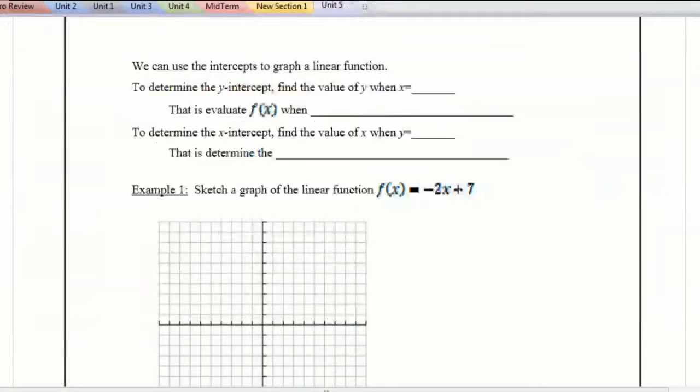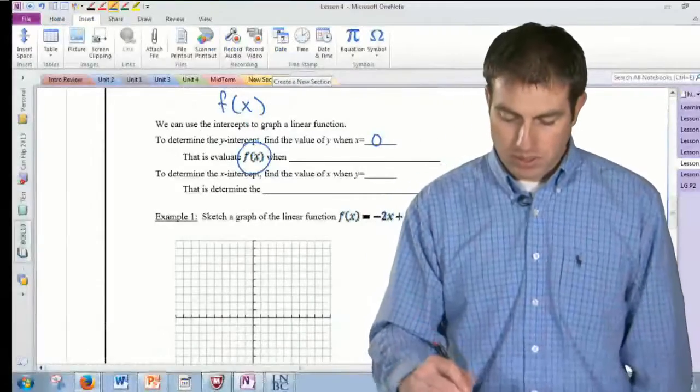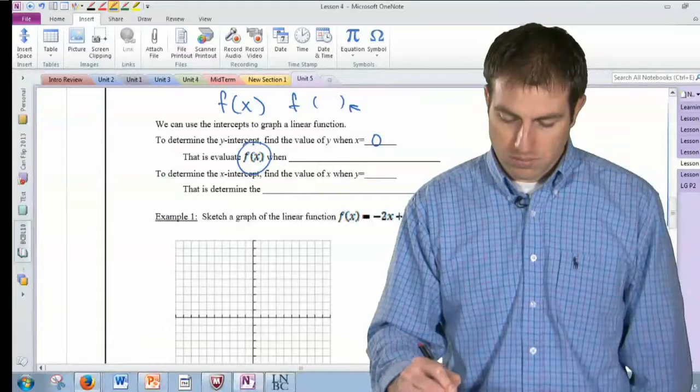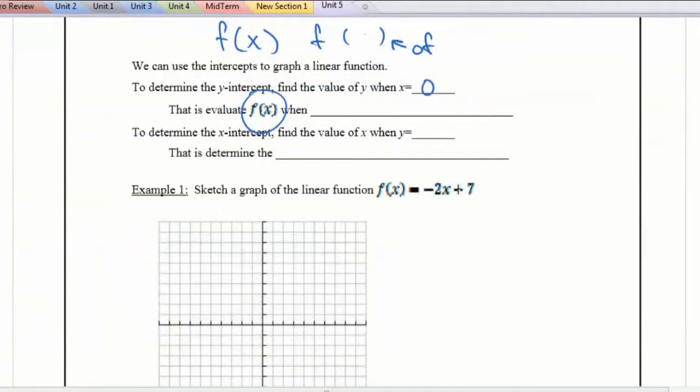So to determine the y-intercept, find the value of y when x is equal to 0. That is, evaluate this. This is called function notation, and we have f bracket x. If we were to read this, we would say f of x.